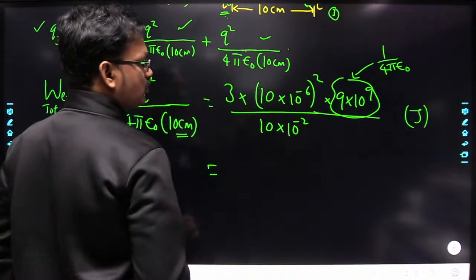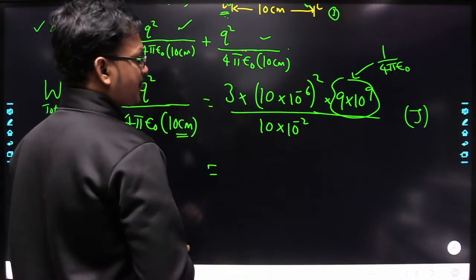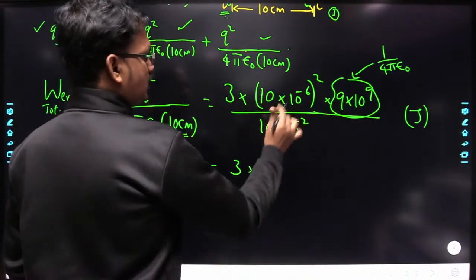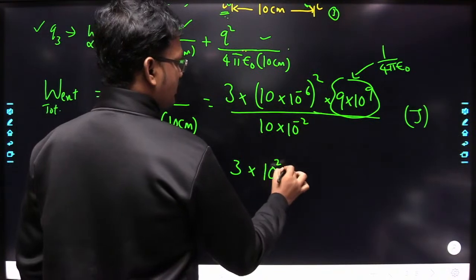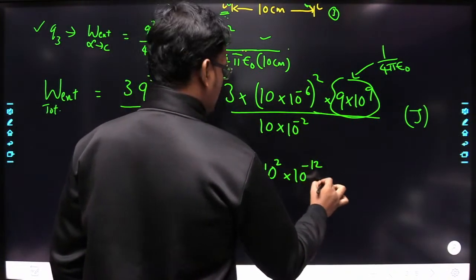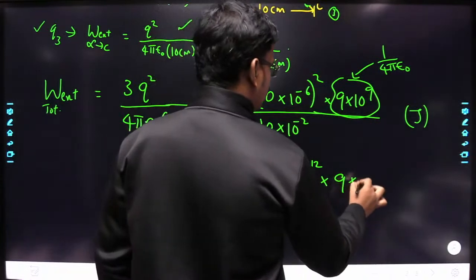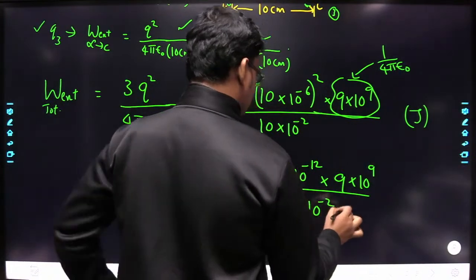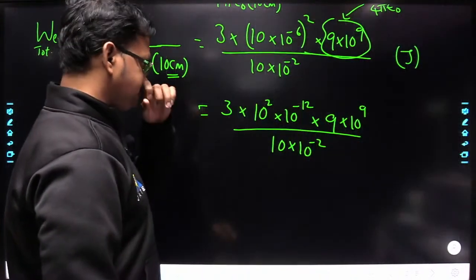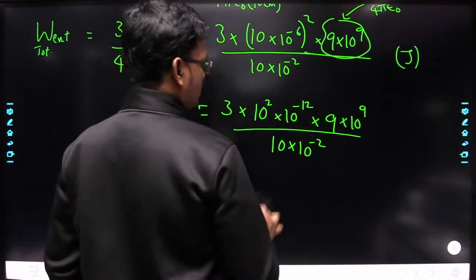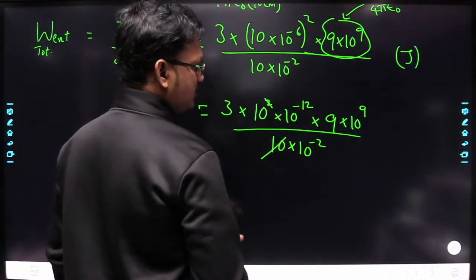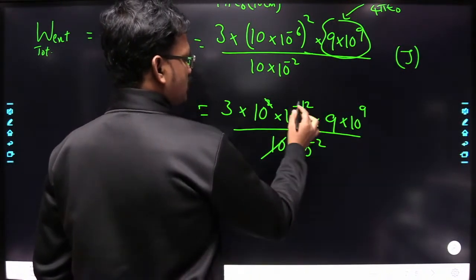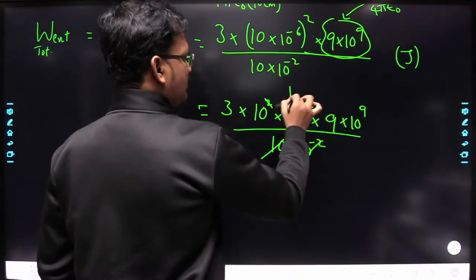So if you do this, what are you going to get here? Tell me. Here you will get 3 into 10 square, that is 10 square into 10 power minus 12 into 9 into 10 power 9, divided by 10 into 10 power minus 2. So if you do this, what you are going to get? 10 here, 10 here.